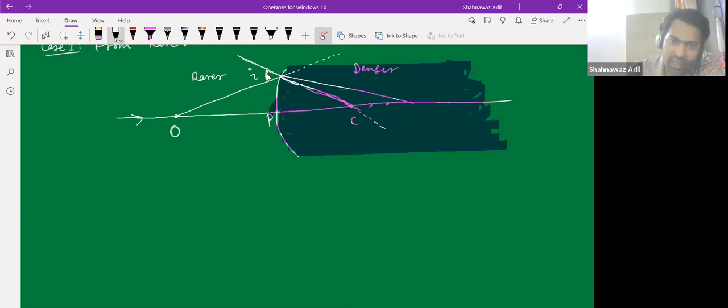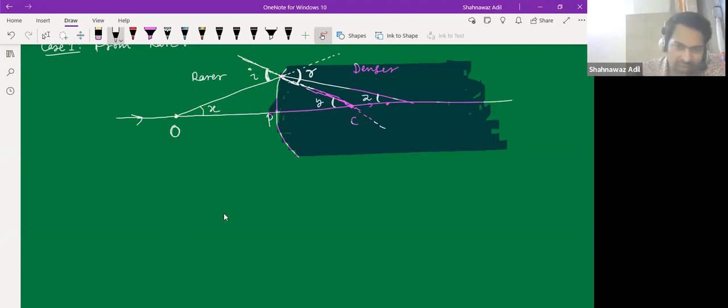So this is the angle of incidence, right? And this angle is the angle of refraction. Okay. And let's say that this is X angle, this is Y angle, and this is Z angle.